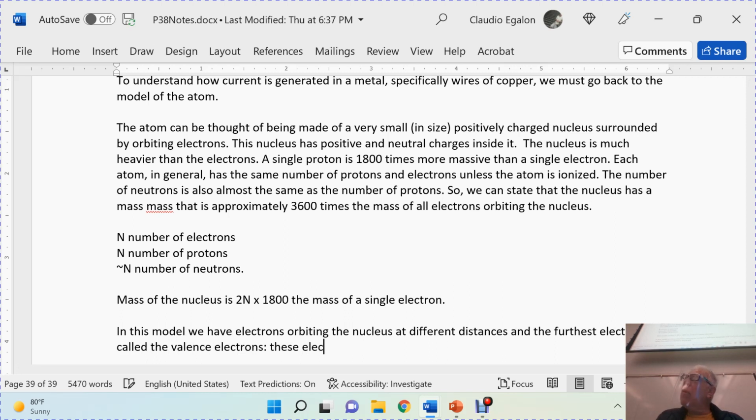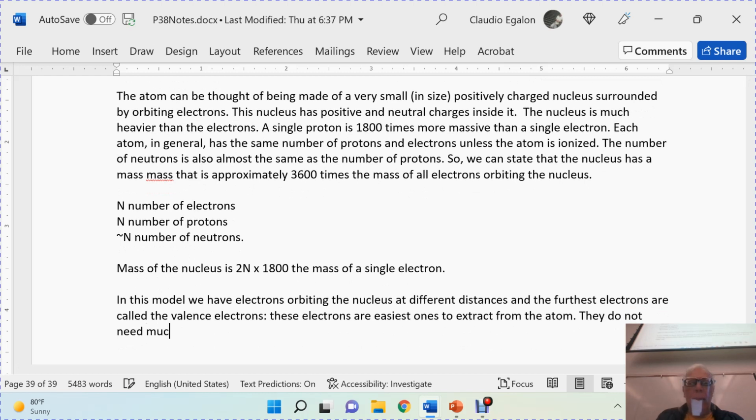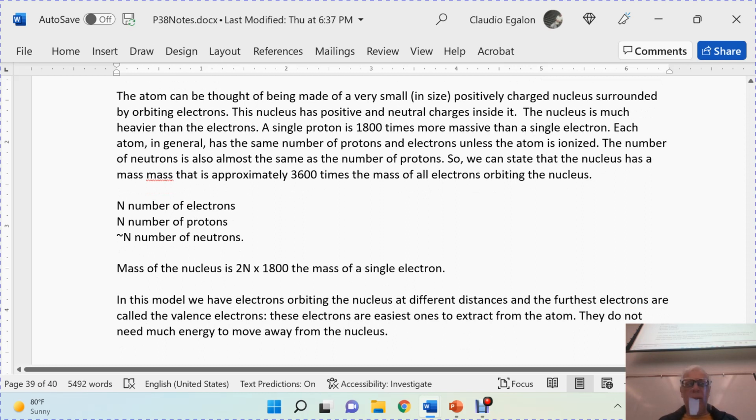These electrons are the easiest ones to extract from the atom. They don't need much energy to move away from the nucleus. Can you picture that? Those are the valence electrons.